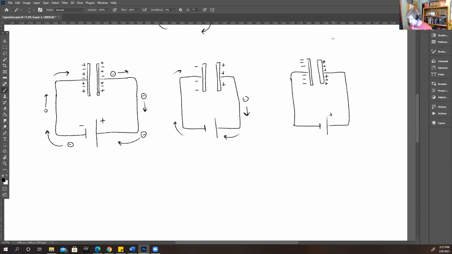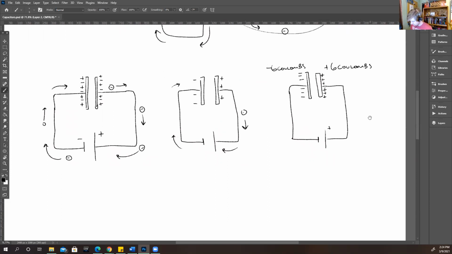So if there was positive 6 coulombs of charge on one plate, there is an equal amount on the negative plate. There's a negative 6 coulombs on the negative plate. Okay, that's the charge. Charge is commonly Q.